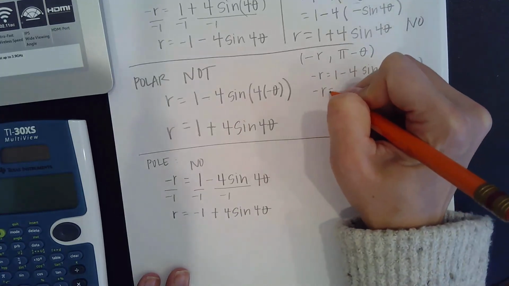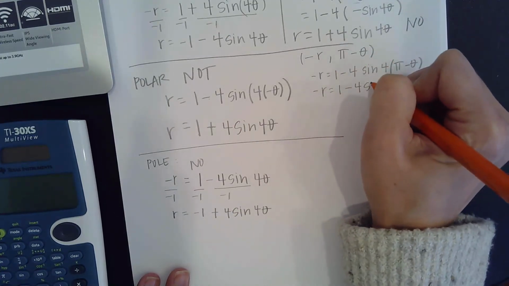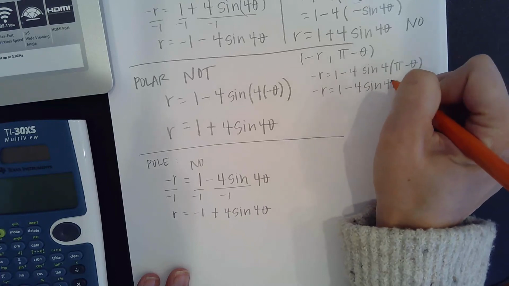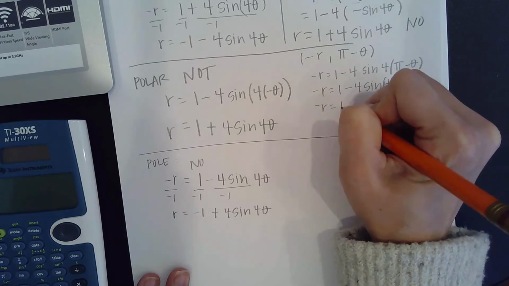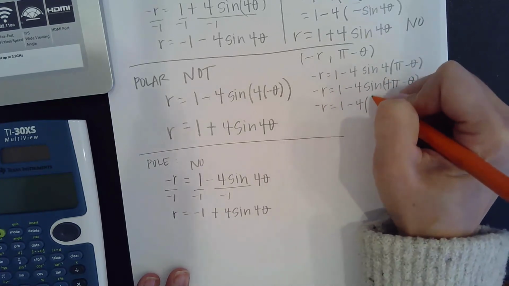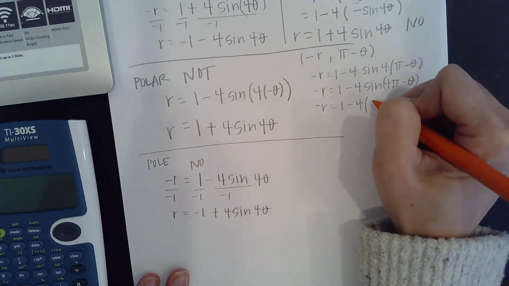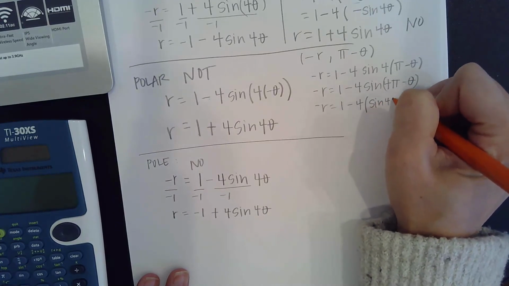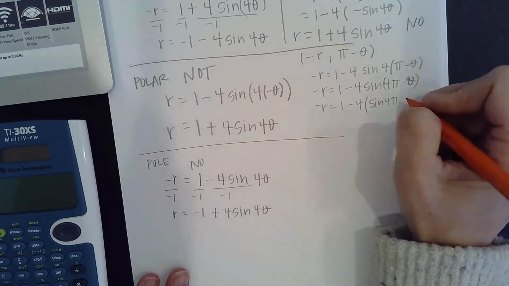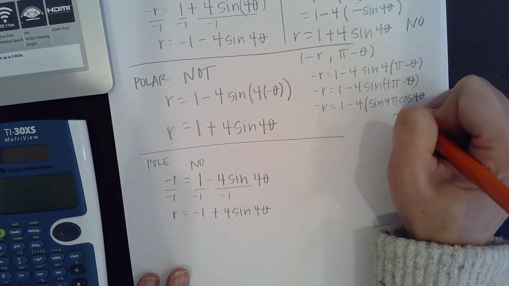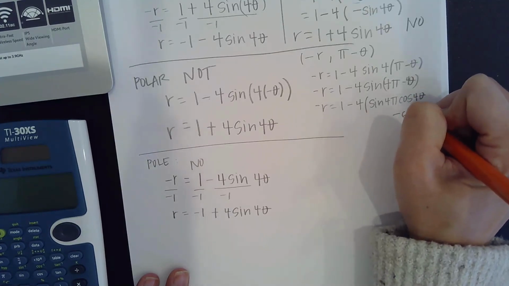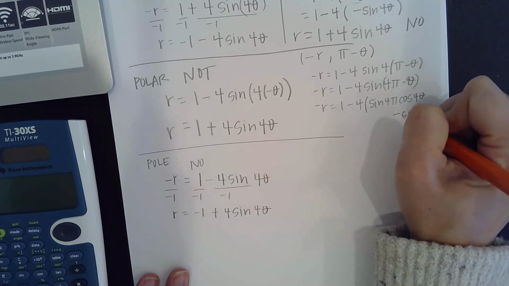So we'll have 1 minus 4, and then we'll use the difference of two angles: sine of 4 pi, sorry, cosine of 4 theta minus sine of 4 theta cosine of 4 pi.